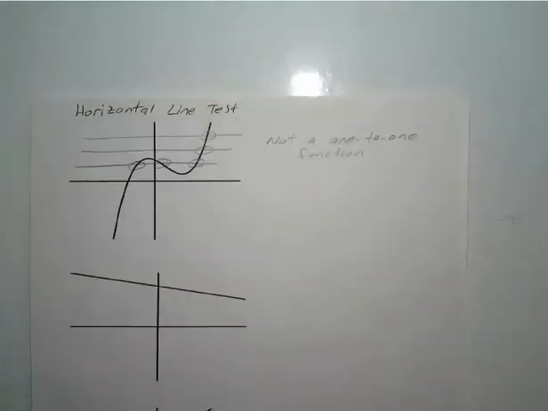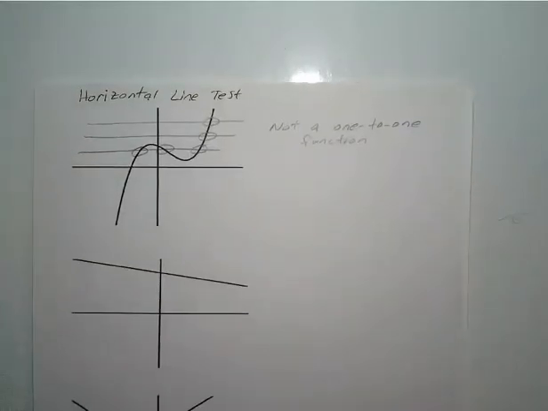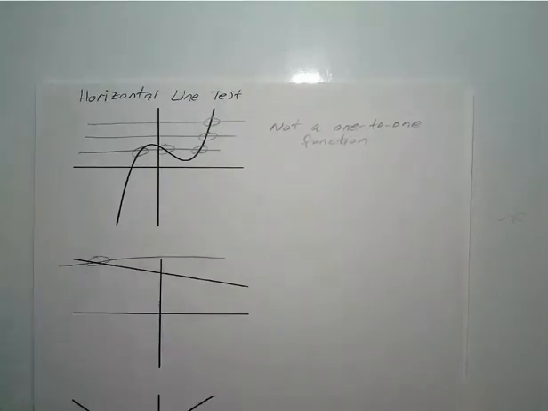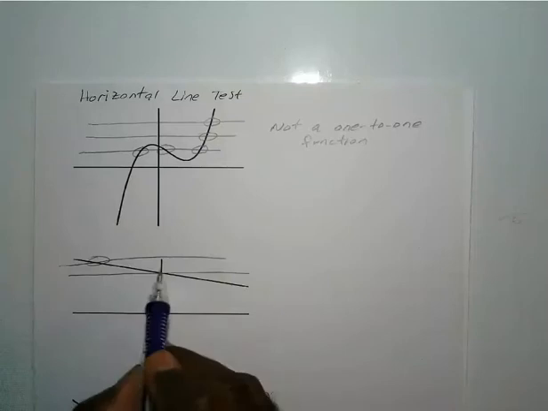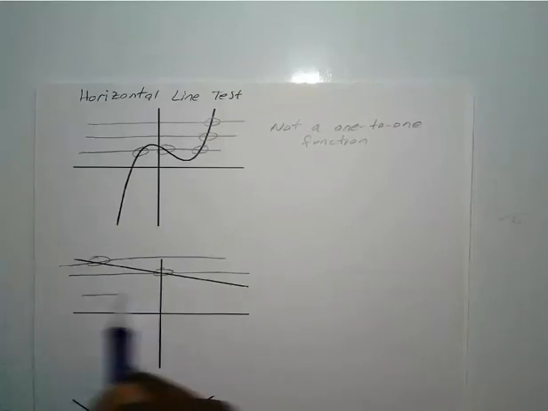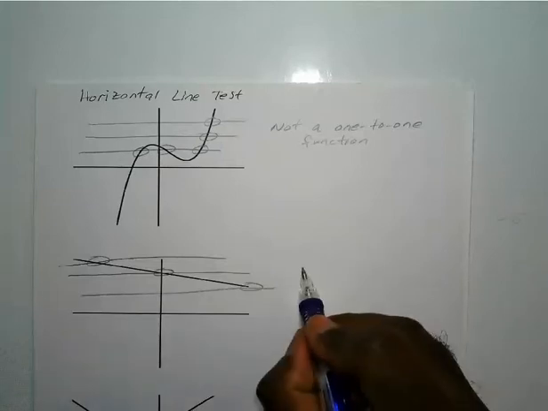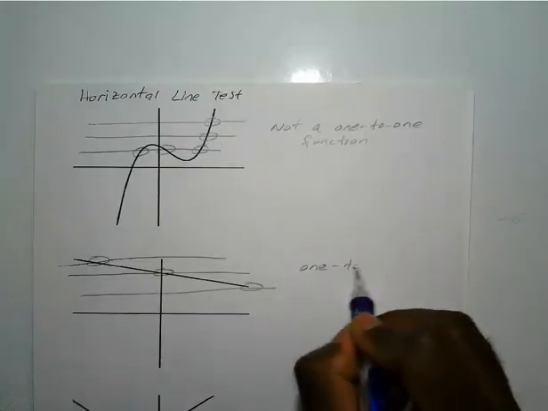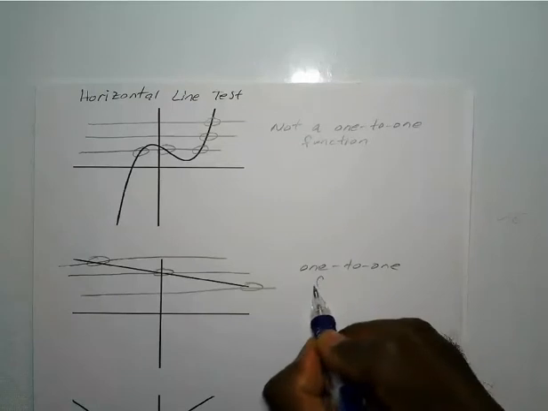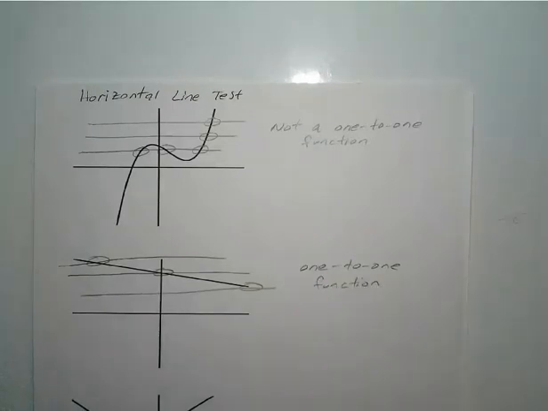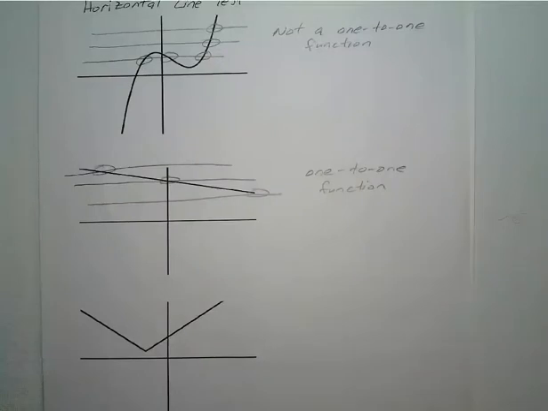Okay, so now we look at the next graph. Again, if we drew a horizontal line, it only crosses the graph once. Same thing here, it only crosses the graph once. Same thing here, it would only cross it once. Okay, so this one is a 1-to-1 function. Okay, so kind of look at the third graph and see if you can figure out whether or not it's 1-to-1 or not.